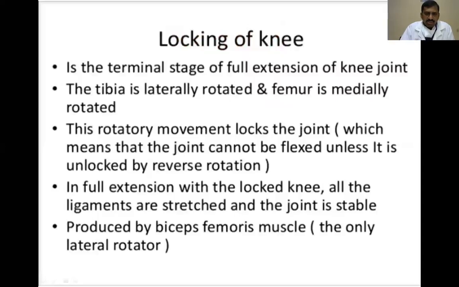Next, the last point: locking and unlocking. What is locking and what is unlocking? This is the terminal stage of extension, in full extension of the knee joint. The tibia is laterally rotated and the femur is medially rotated. This rotatory movement locks the joint, which means that the joint cannot be flexed unless it is unlocked by the reverse rotation.